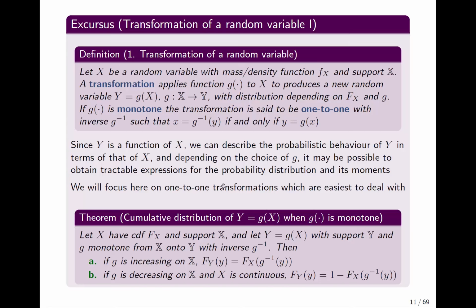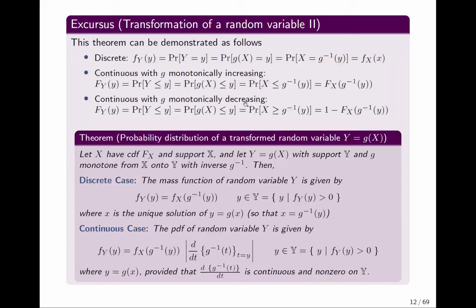First of all, we define what a transformation is, and a transformation is simply applying a function to a random variable. As I said previously, that could be something like a square root, a logarithm, a reciprocal, or a power. Then we have two theorems that talk about what is the distribution of the transformed random variable.